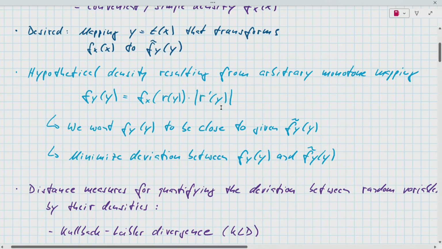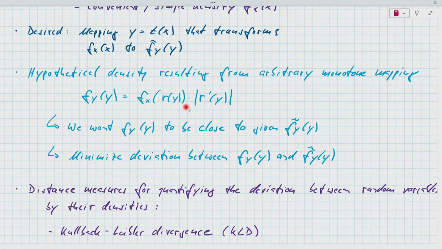Of course, the parameterization of your mapping that you use should be easy to invert. In the one-dimensional case, not so difficult, but you should also be able to take the derivative. So we would like to have kind of a continuous mapping that is invertible, monotonic, or strictly monotonic, would even be better. Stuff like that.